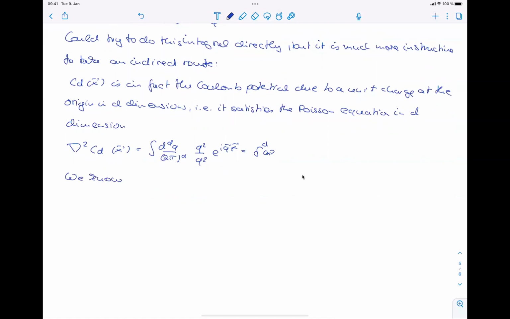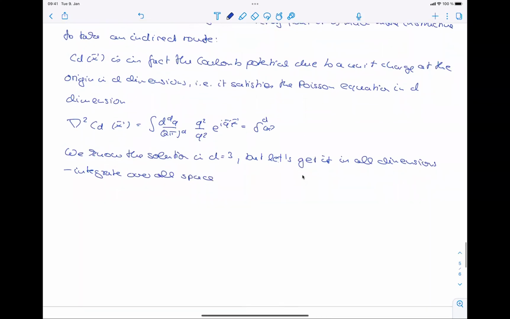We know in d=3. So we integrate over all space, left and right.